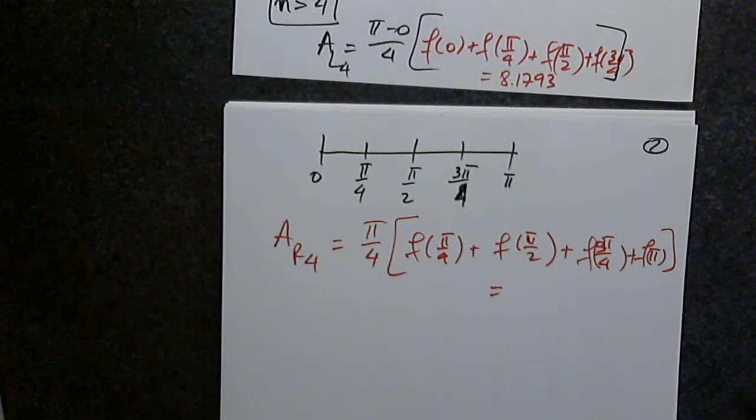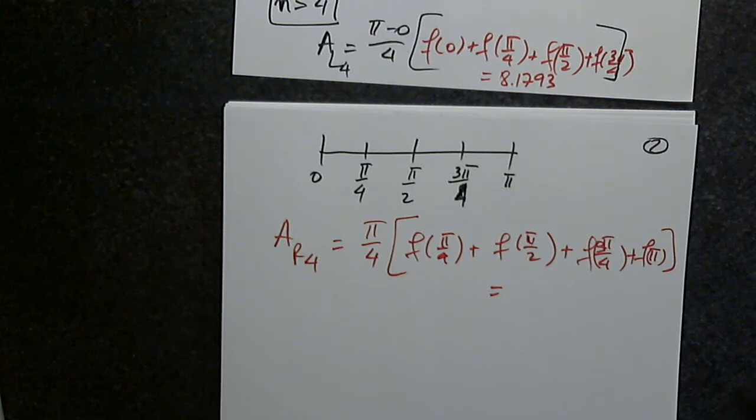So I'm checking my numbers. 0, yes. Pi over 4, yes. 3 pi over 2, yes. 3 pi over... they can't be equal, so obviously I messed up something.